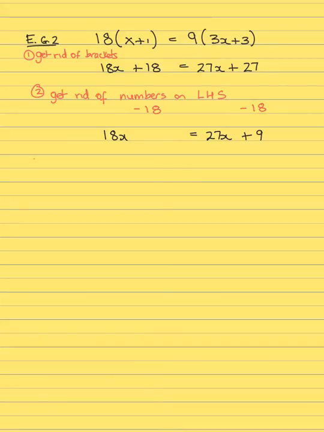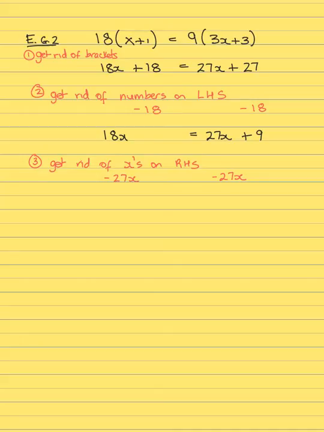Next step is get rid of the x's on the right. The x's on the right are the 27x. That means we subtract 27x from the right hand side. And if we subtract 27x from the right hand side, we must subtract 27x from the left hand side. We look at what we're left with.